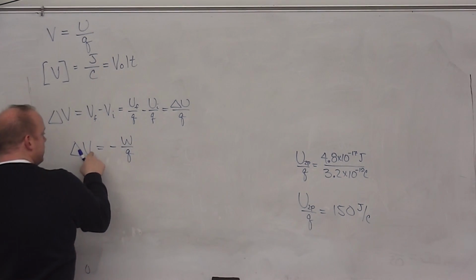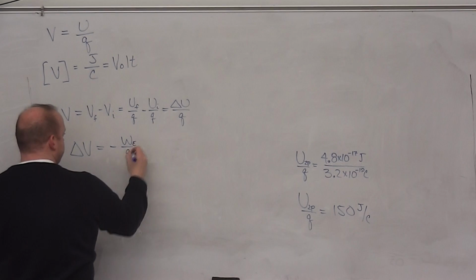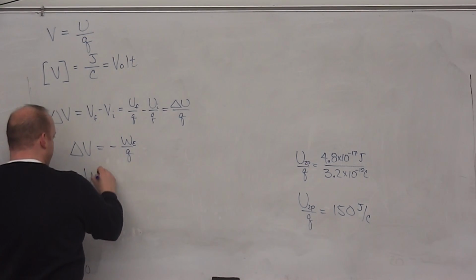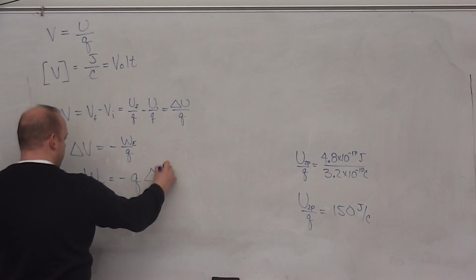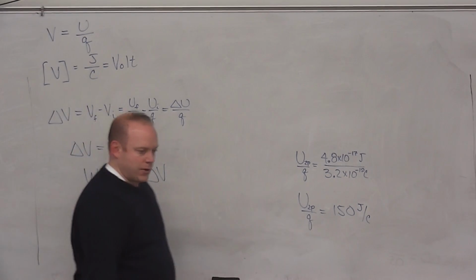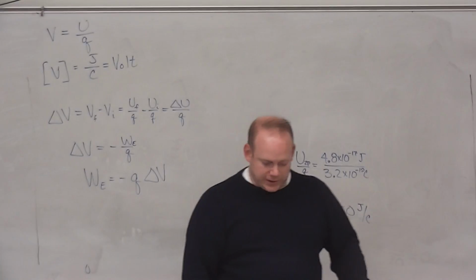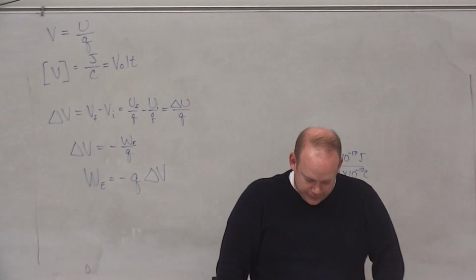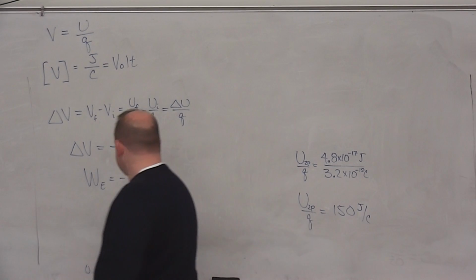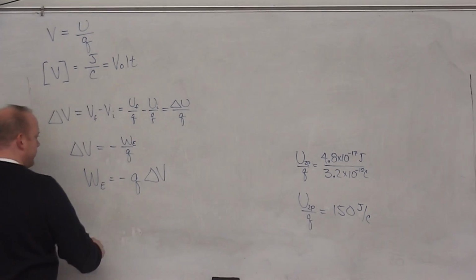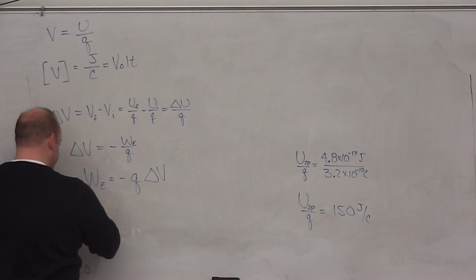And this is work done by the electric field. So we can say that the work done by the electric field is equal to negative q delta V. That's work done by the electric field specifically. If you're looking at absolute potential, we're talking about the work moving it from infinity.